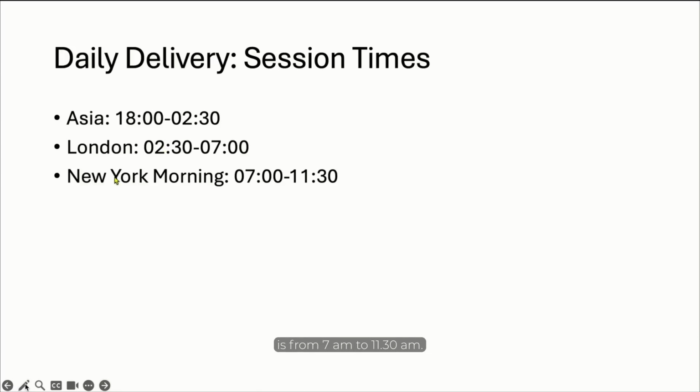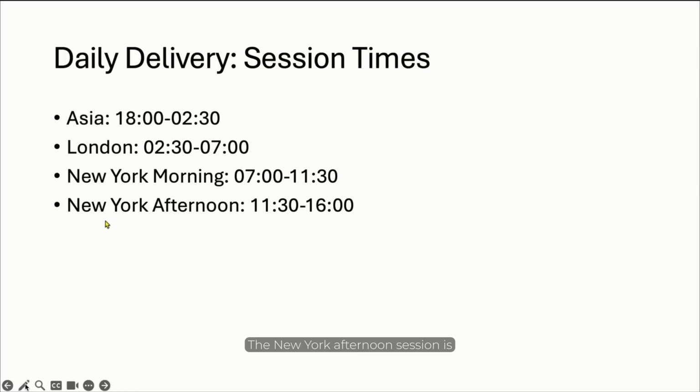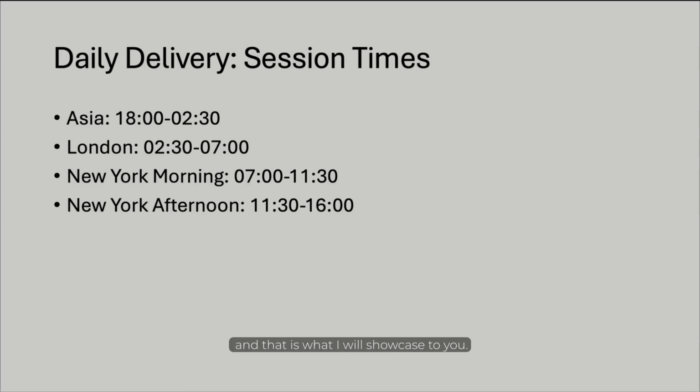The New York morning session is from 7 a.m. to 11:30 a.m. The New York afternoon session is from 11:30 to 4 p.m. The reason why my time cycles are split up this way is because these cycles provide me with the ability to utilize 90-minute cycles during the London, New York morning and New York afternoon session. When I look at the delivery through the perspective and through the lens of 90-minute cycles, I can see clearly where the key highs and lows are, and that is what I will showcase to you.